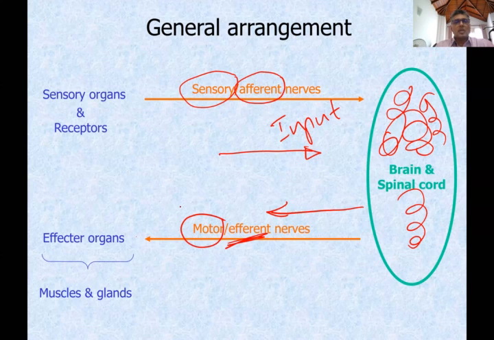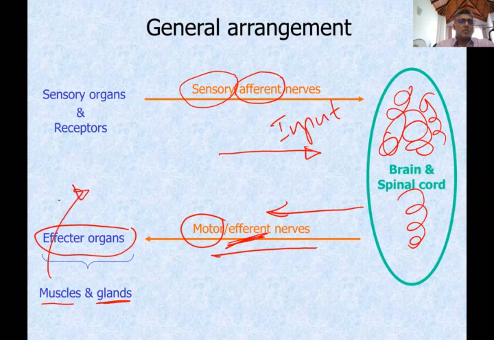So motor nerves and efferent nerves will take nerve impulses to the effector organs. Now the effector organs are muscles and glands. So all the things that you do voluntarily or involuntarily is done through either contraction of a muscle, voluntary or involuntary muscle, or secretion of a gland, which is involuntary anyway.